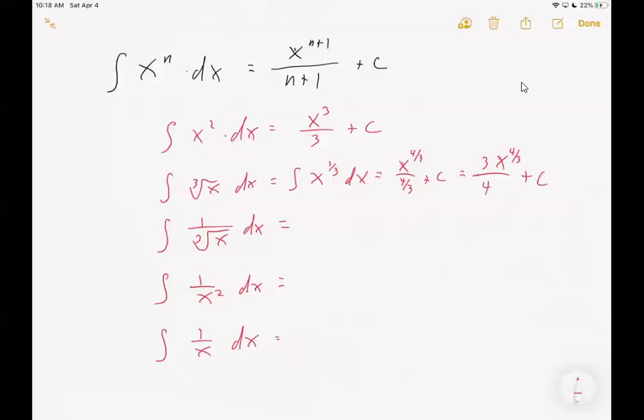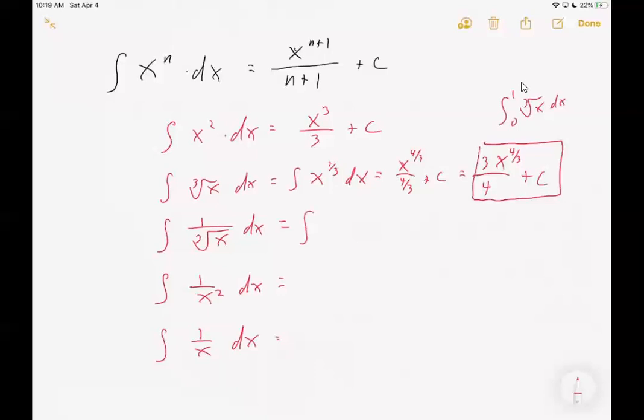It would be x times the cube root of x, but for now we'll just work with x to the 4/3 because often we're going to then put this into the fundamental theorem and do something like evaluate from 0 to 1 what the cube root of x dx does. So rewriting it algebraically may or may not be that helpful, and it's time consuming. So we won't rewrite them, we'll leave them as powers.